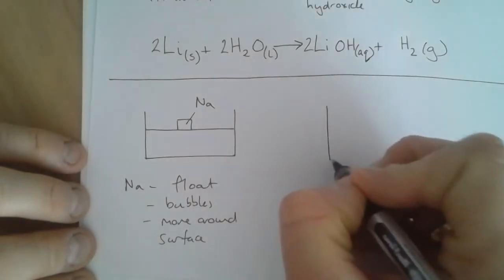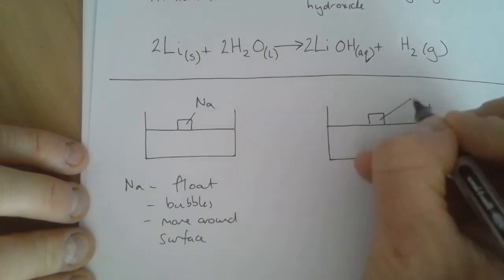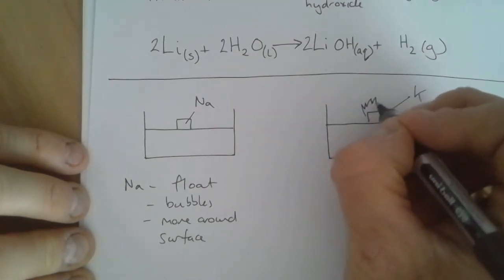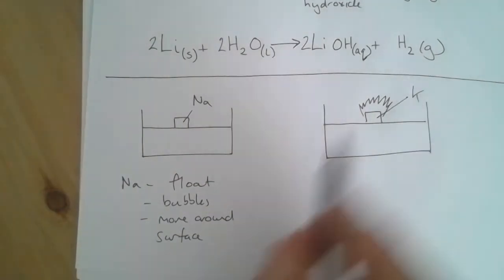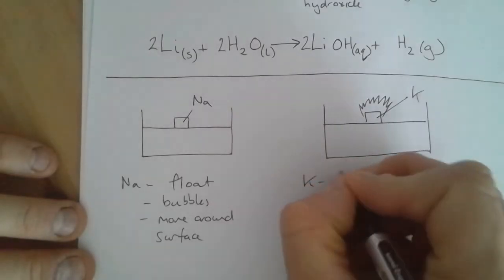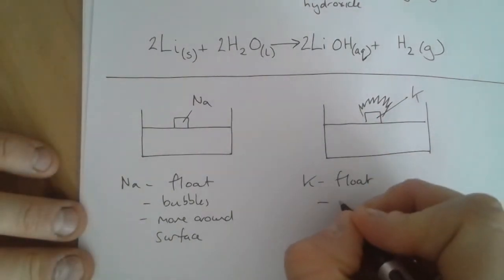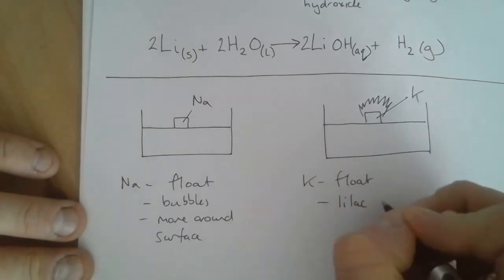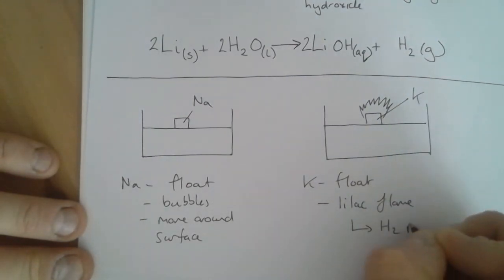If we were to do the same thing with potassium here, so here's potassium, this time the hydrogen gas produced would ignite, it would catch fire. So again, potassium would float, but this time we would see a lilac coloured flame, and that's because the hydrogen produced ignites.